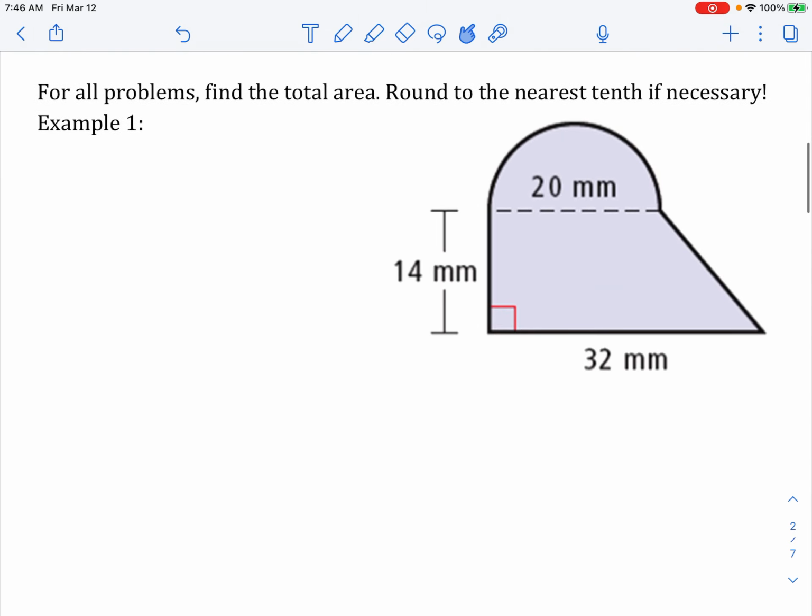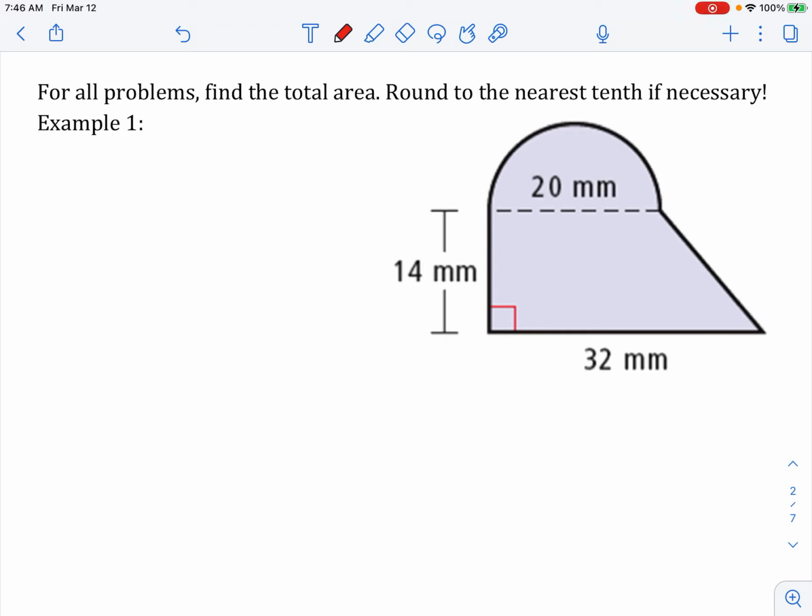Here we go, example number 1. When you look at example number 1, we can break this into a couple of different figures. We could take the area of half a circle plus the area of the trapezoid.